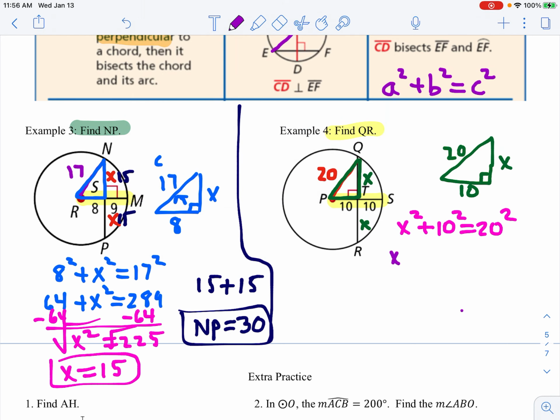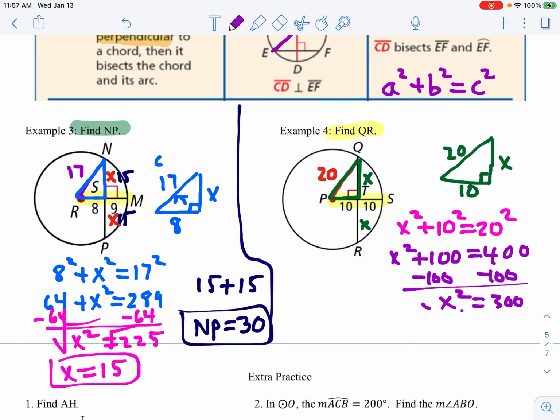Well, let's turn those to numbers. That's x squared plus 100 is equal to 400. Now let's subtract 100 over. I'm left with x squared equals 300. All right, let's square root the 300. And when we do that, it tells us that x is 17.3.